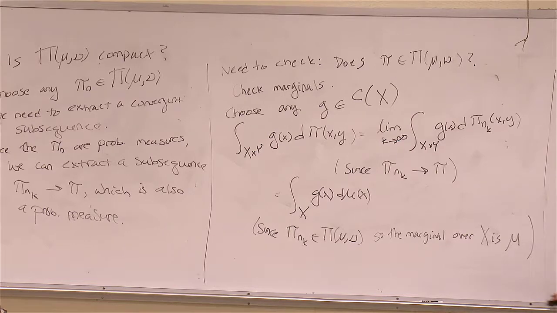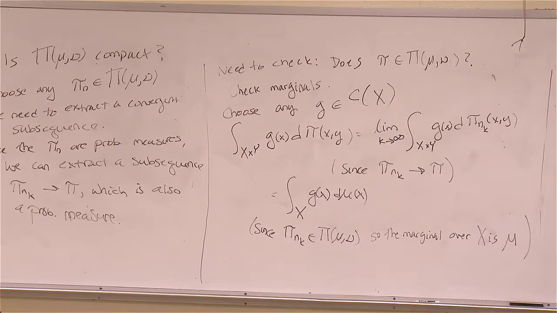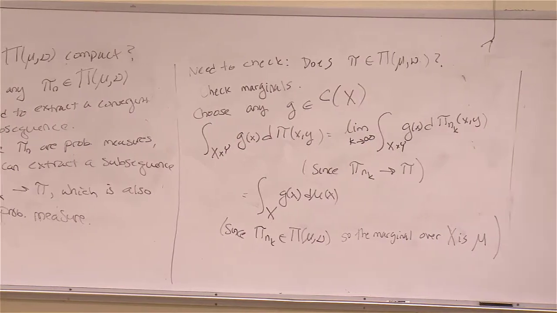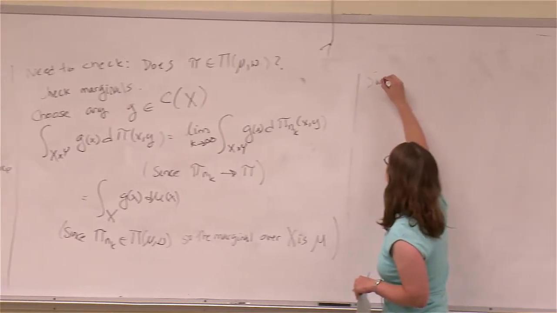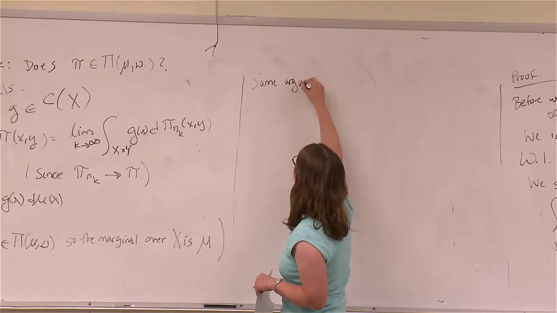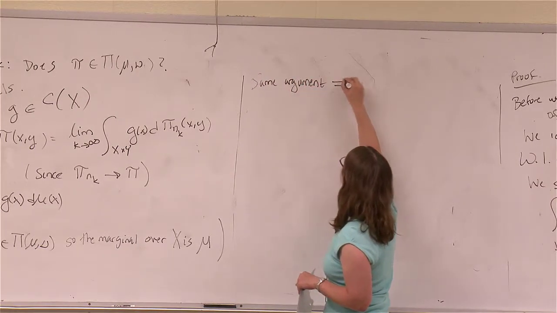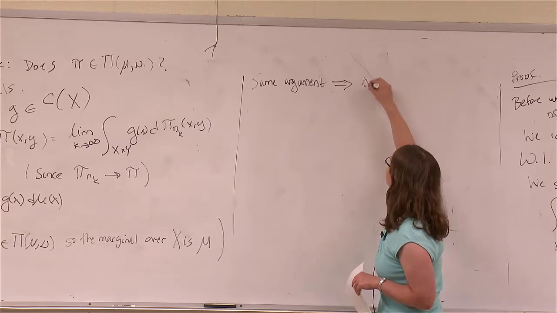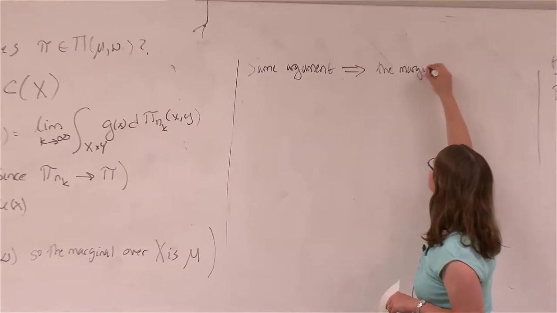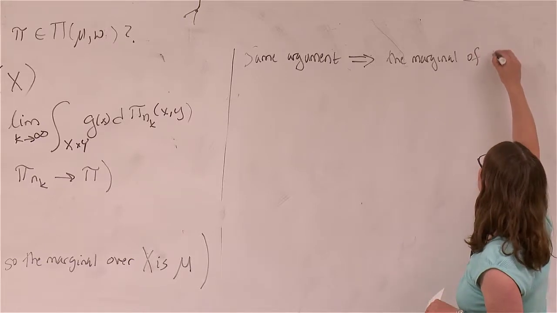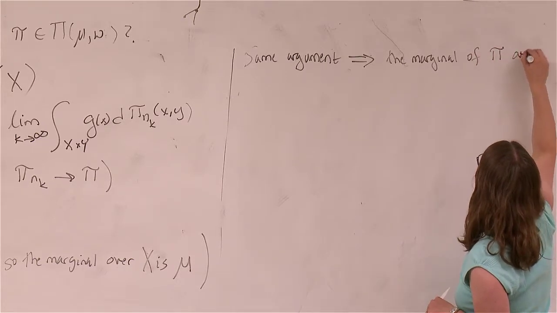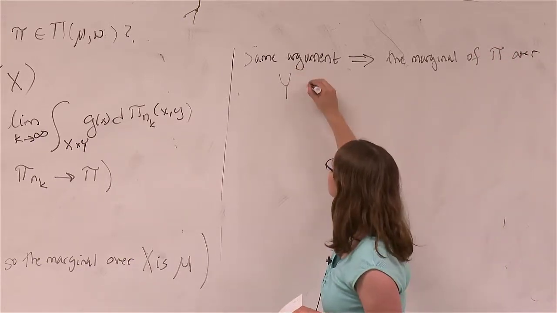And we can do exactly the same thing if we swap the roles of x and y. Exactly the same argument implies that the marginal of pi over y is mu.